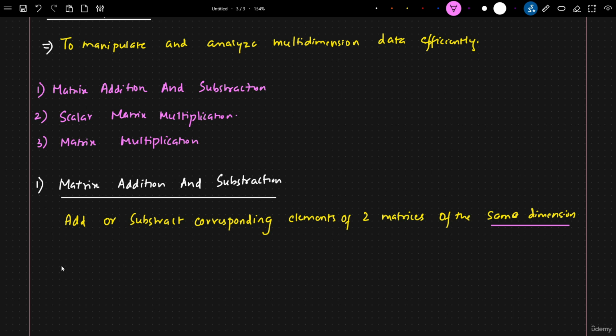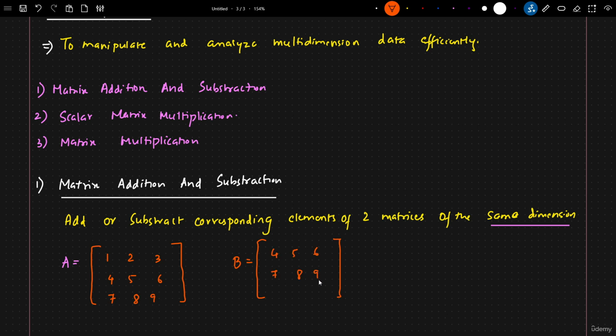So let's consider that I have an A matrix. This A matrix has data, let's say 1, 2, 3, 4, 5, 6, 7, 8, 9. Okay. Similarly, I have another matrix B, and let's consider here also I have some data like 4, 5, 6, 7, 8, 9, 1, 2, 3.